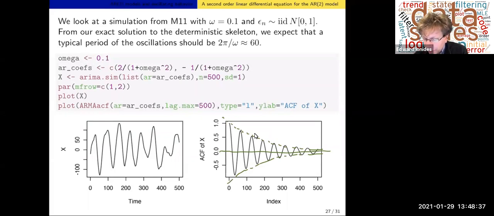My cutoff is going to be a half. And here we see that this is roughly 2 cycles, right? So this is about 120. And now I can go back and answer that question.